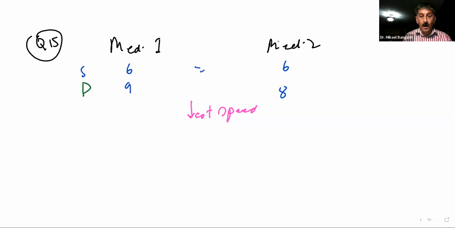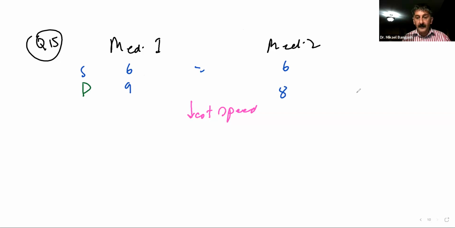But now we go on to the other factor, density. One has a density of 9, one has a density of 8, in gram per centimeter cube or something like that. Clear? But now they say lowest speed.